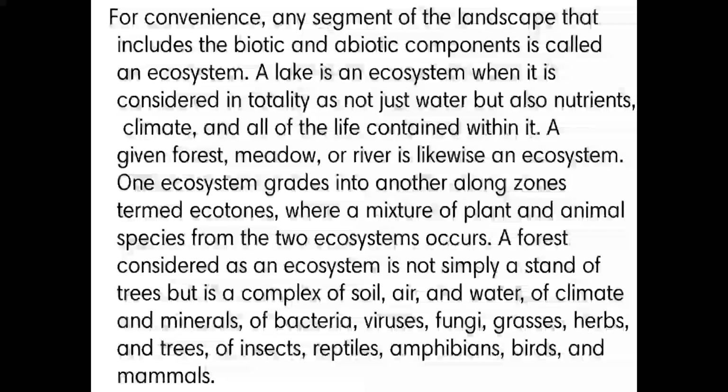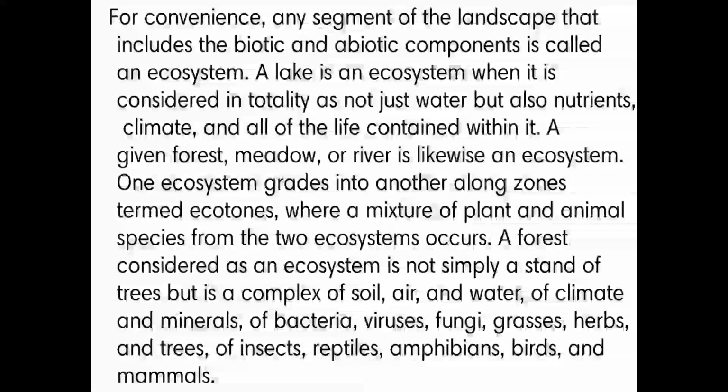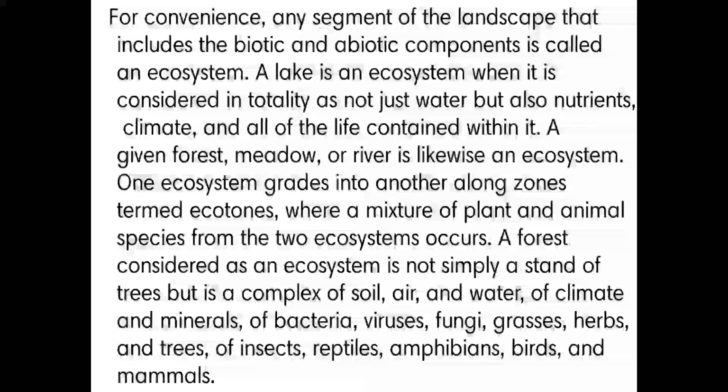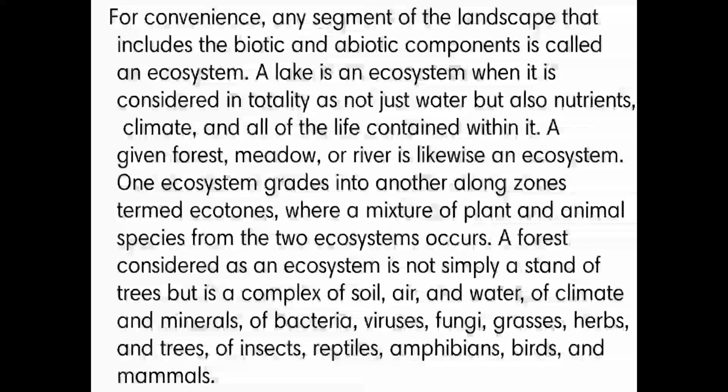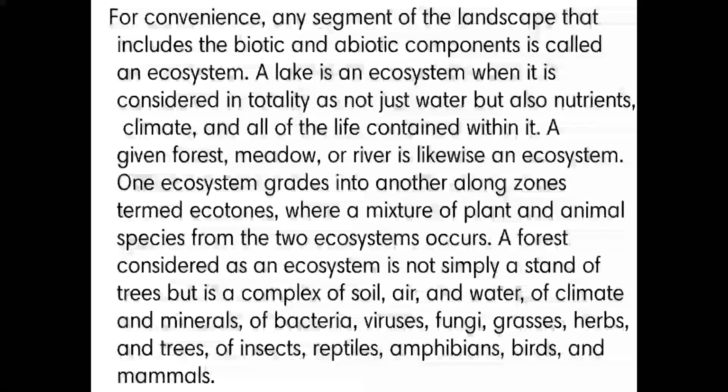For convenience, any segment of the landscape that includes the biota and abiotic components is called an ecosystem. A lake is an ecosystem when it is considered in totality, as not just water but also nutrients, climate, and all the life contained within it. A given forest, meadow, or river is likewise an ecosystem.